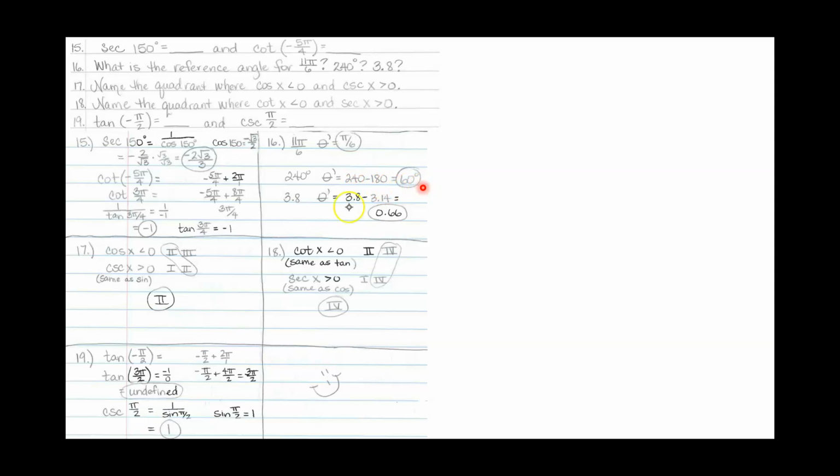Exact same thing with 3.8. 3.8 is in the third quadrant. So 3.8 minus pi, because that's the same thing as 180, right? So 3.8 minus pi would give us 0.66. Now, if you're not sure how to know that 3.8 is in the third quadrant, remember that we gave decimal values for each of our quadrants.